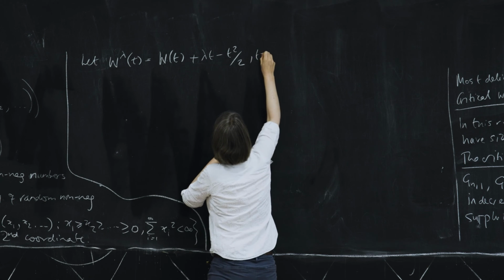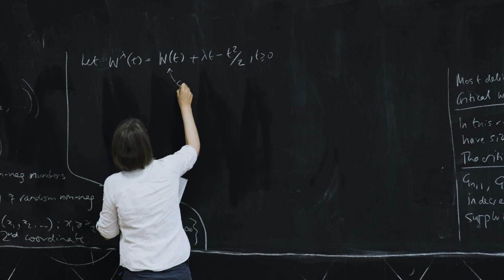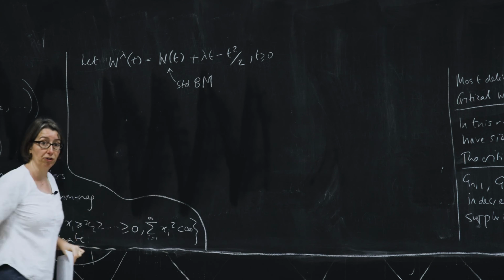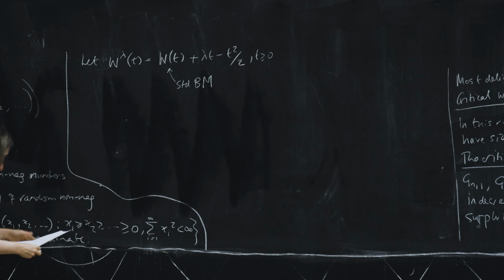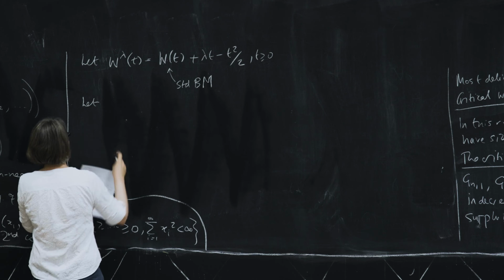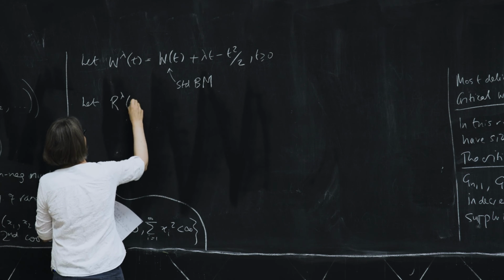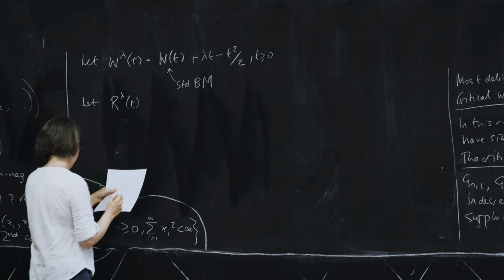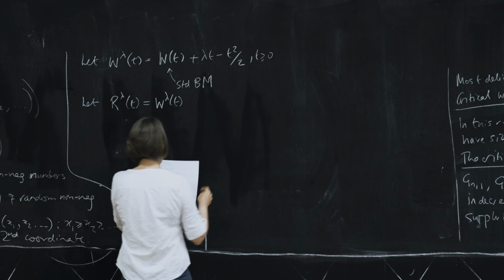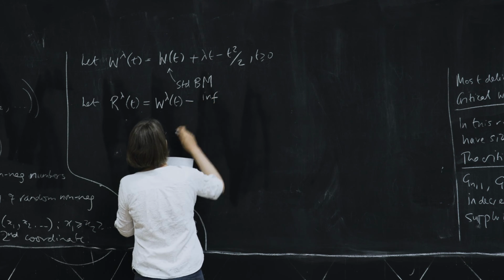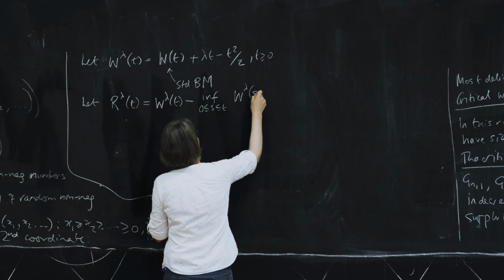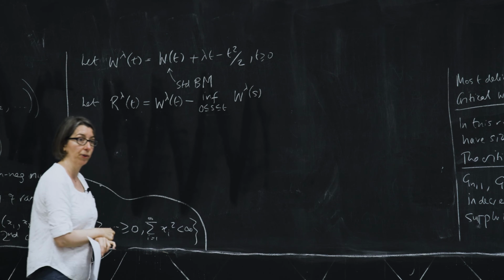So this W here is a standard Brownian motion, and I'm just giving it this parabolic drift. Then what I want to do is think about reflecting that thing in its running infimum. So what do I mean by that? I'm going to take W lambda of t, and I'm going to subtract off the infimum of values of the process between time 0 and t.